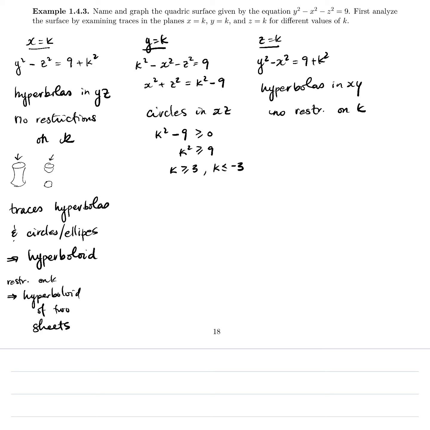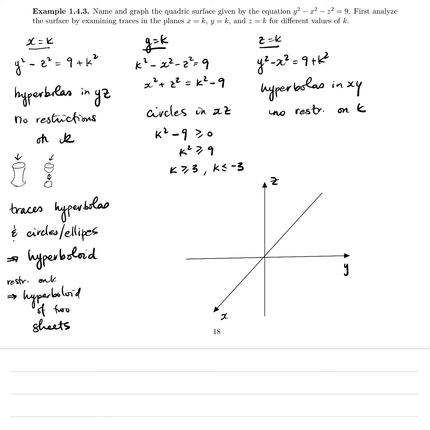So we're going to go and graph this. Give ourselves a set of axes. There's the y and the z and the x. We can figure out the restrictions on k have to be in this little gap here.